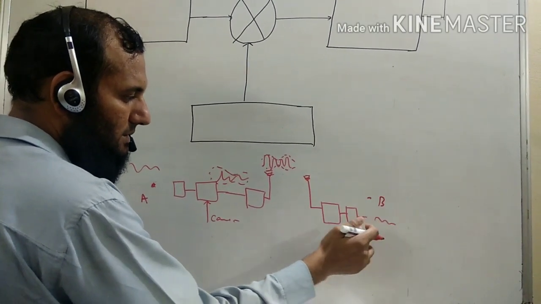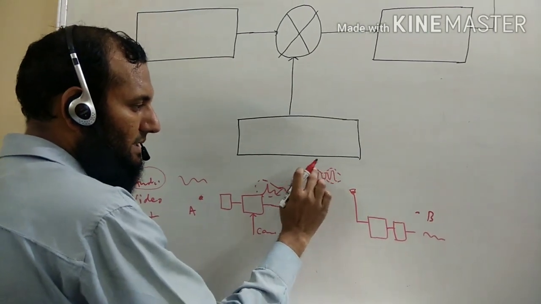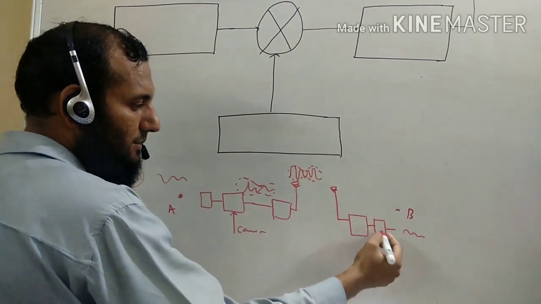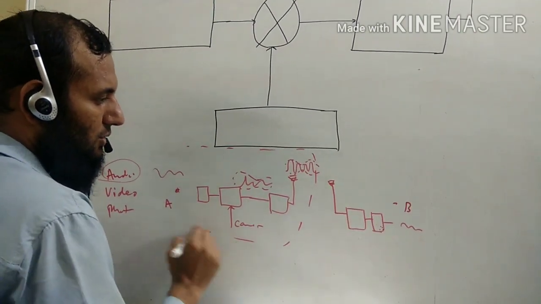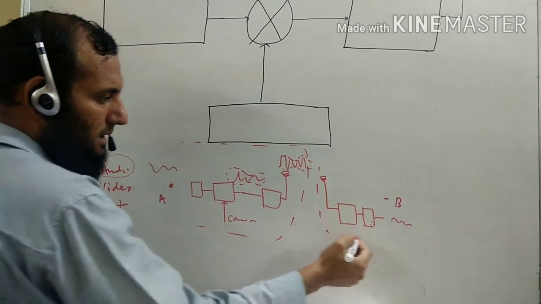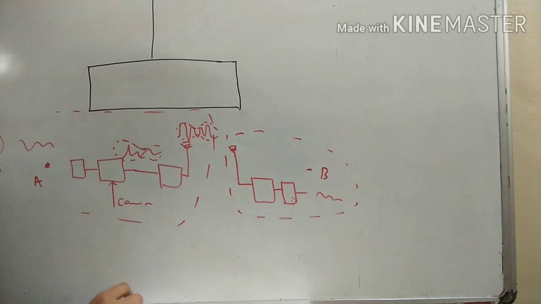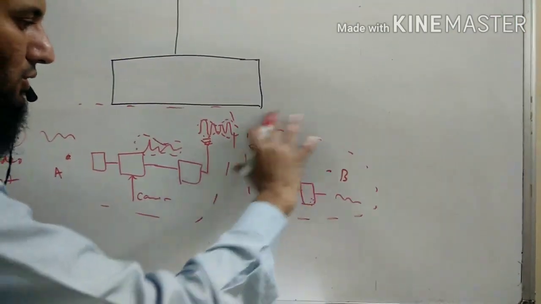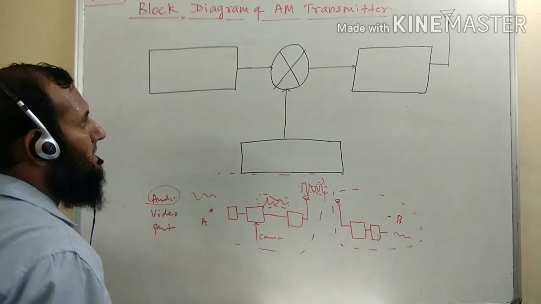Here demodulation takes place. Demodulation means separation of the message signal from the carrier signal. So we have seen up to here the modulation process. The demodulation part is the next lecture. Now let us see the block diagram of the AM transmitter.